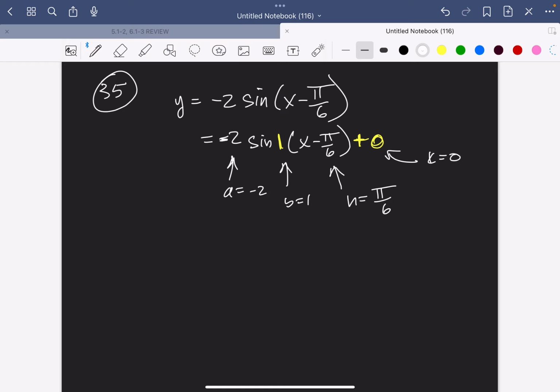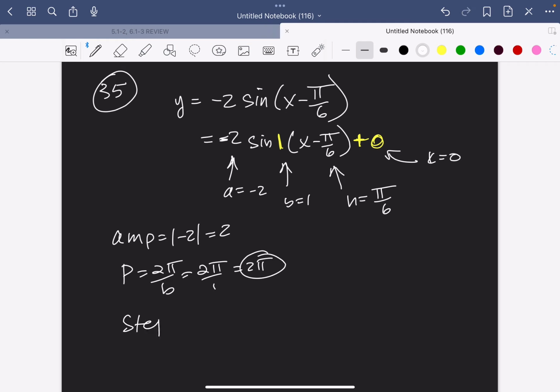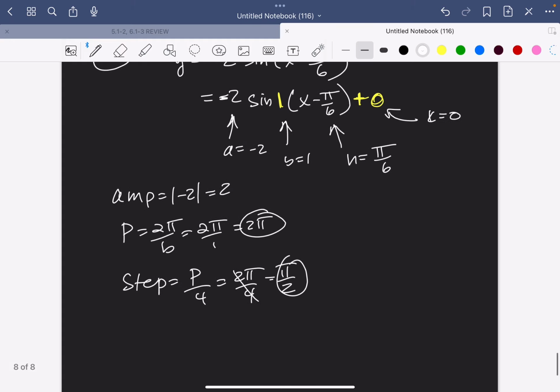So let's go through the chart. First, amplitude, absolute -2 is 2, period turns out to be 2 pi. Then what? Step size. None of that changes. All that is standard. Now we're ready to do our chart, which really tells the story.